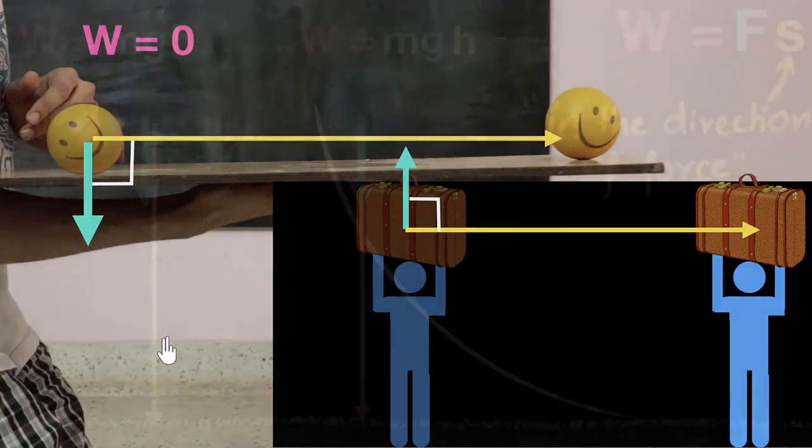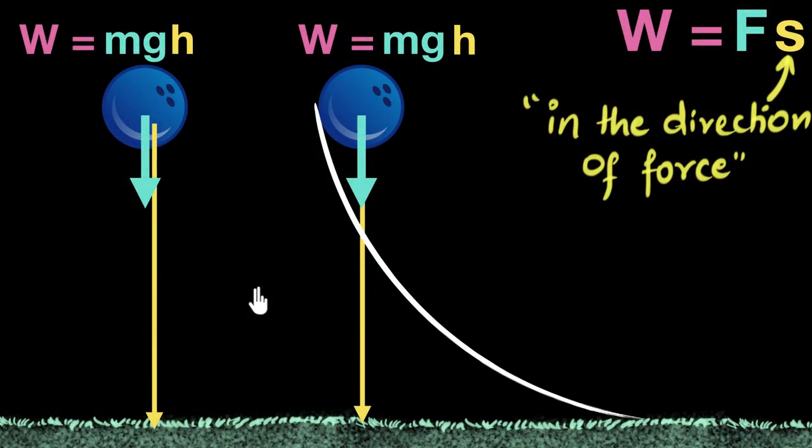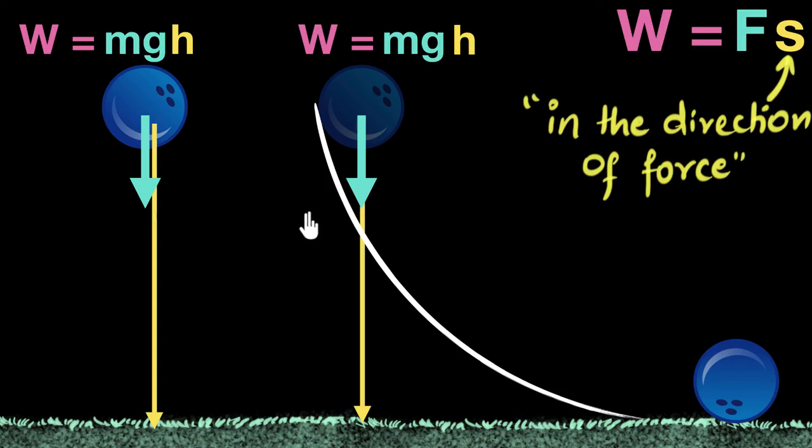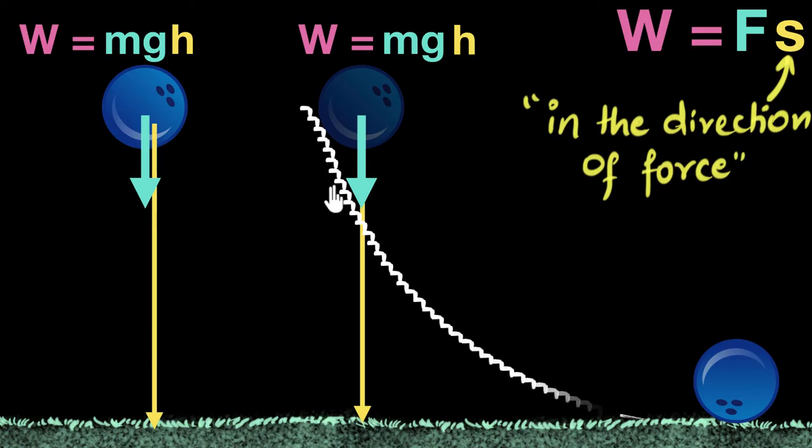And using this, we were able to figure out that when a ball falls through some height, it doesn't matter what path it takes, whether it falls straight down or it goes through a curve, the work done will be the same. It'll be the force of gravity times the height through which it fell down. And one way to argue this is instead of imagining that it fell through a curve like this, we can imagine it went through a very tiny staircase.